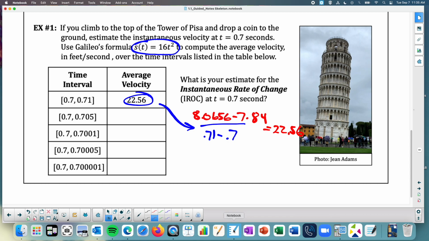What am I gonna do to calculate the next box? Same thing, but 0.7 is gonna be the same numbers. 0.705 is different. Can you back up? Why do you move the decimal over my answer like this number over here?